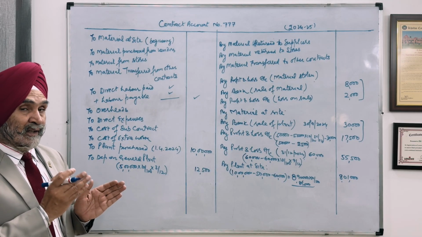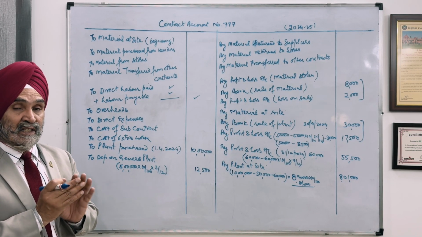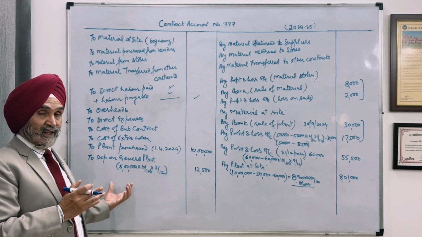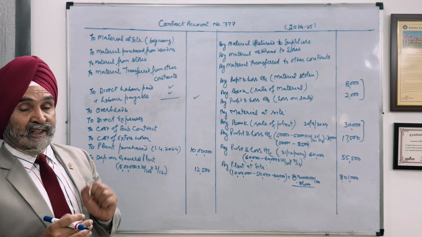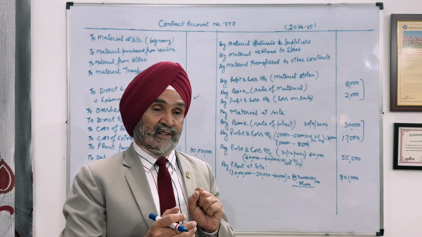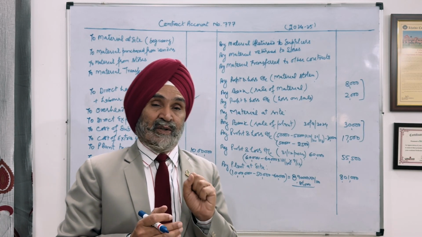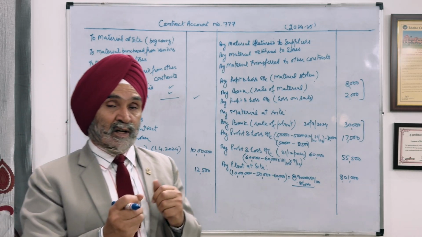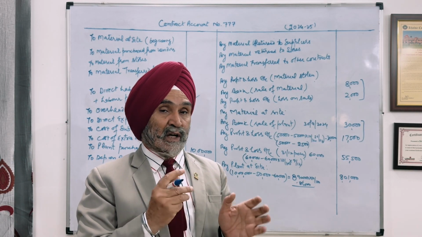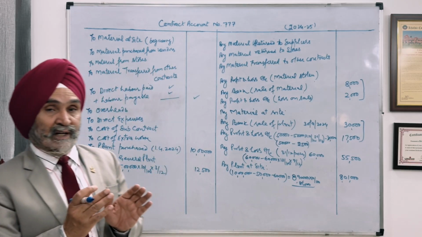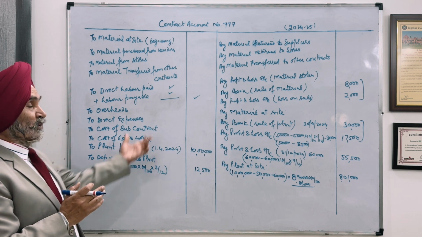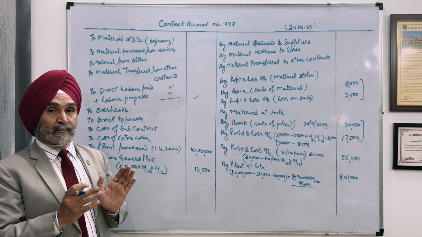But in cost accounting, certain expenses like fines and penalties, we don't record. These are financial expenses recorded in financial accounting only, not in cost accounting. In order to find out the true profit from the contract, the fines and penalties, if given in the question, will not be debited to the contract account.